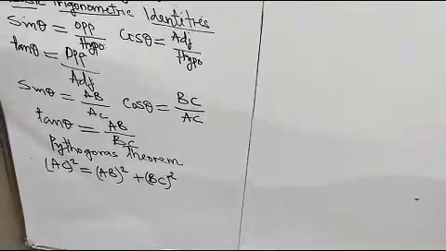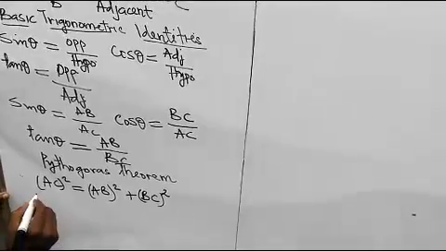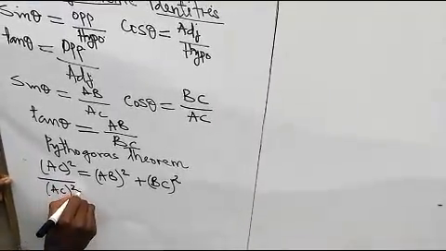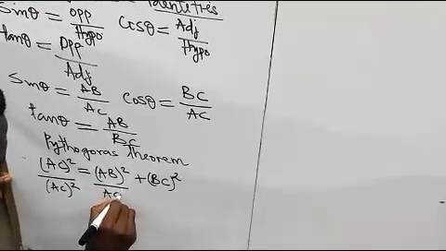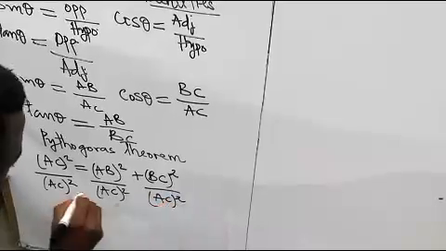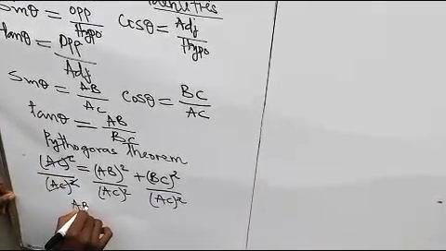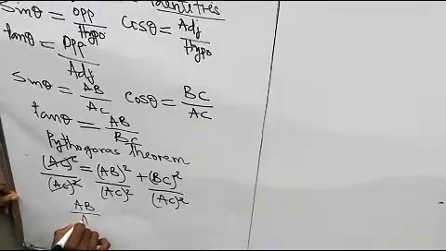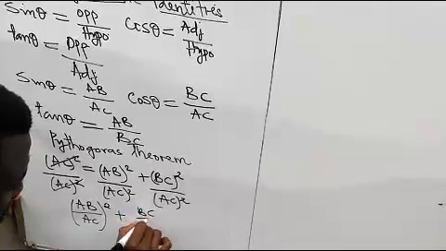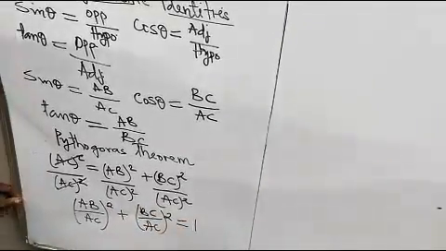Now we are going to divide both sides by our hypotenuse, the longest side. AC all that squared divided by AC all that squared. Here we are going to cancel, and we are going to have AB on AC all that squared plus BC on AC all that squared equals to 1.